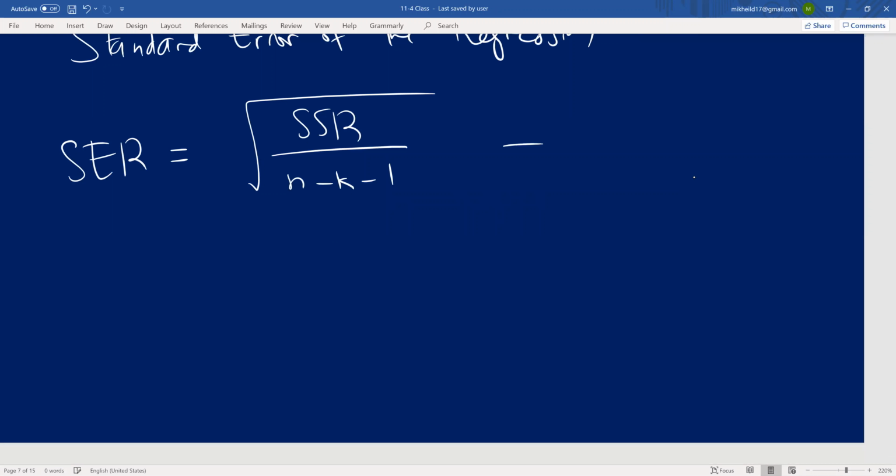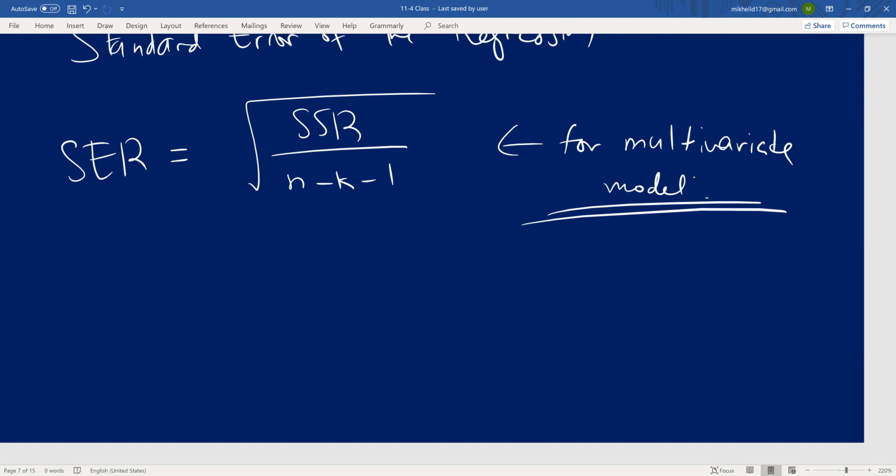This is for multivariate model. And do you remember what was ACR for our bivariate model? It was just 10 minus 2. Very good. And that happens when k equals what? 1. Right?